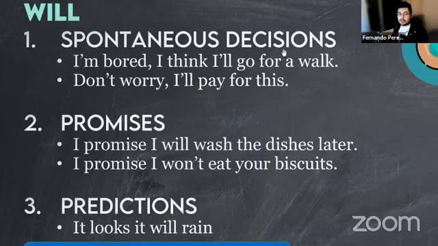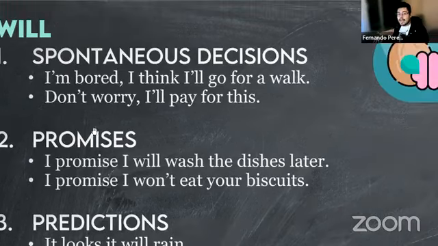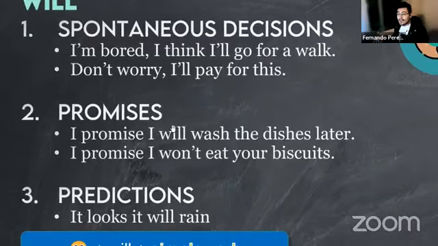One, a spontaneous decision, something that you didn't plan. For example, I will pay for this. You didn't plan to pay, but you take a decision to pay. That's will. A promise, or in the case of the conditional, a prediction, like Laurita said.